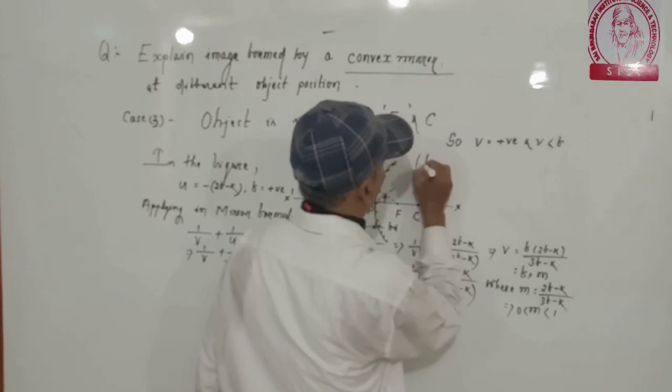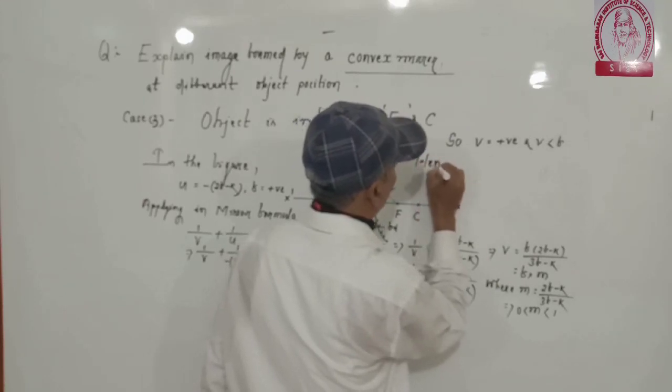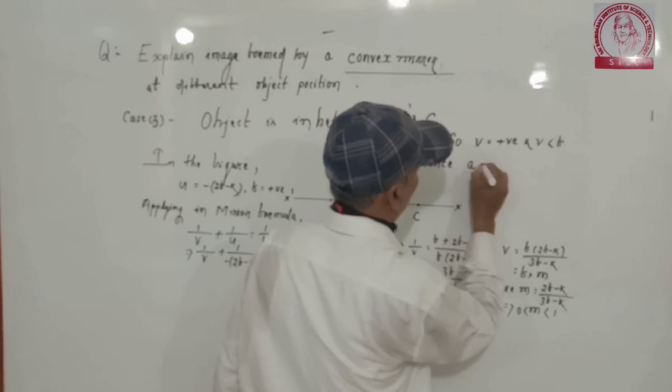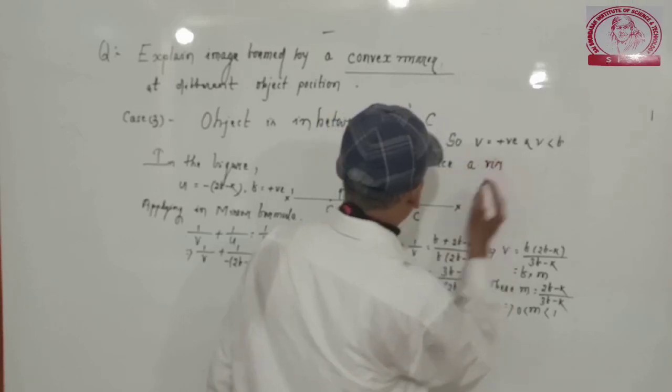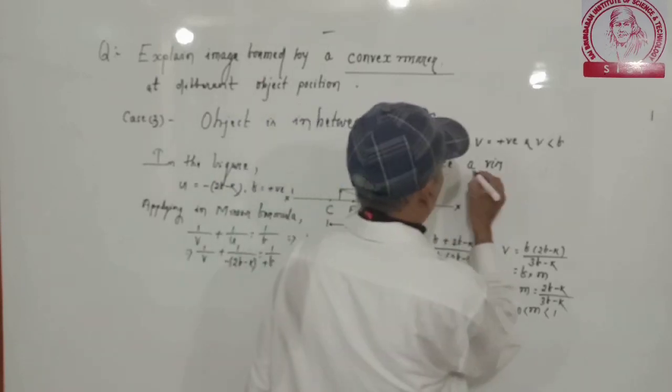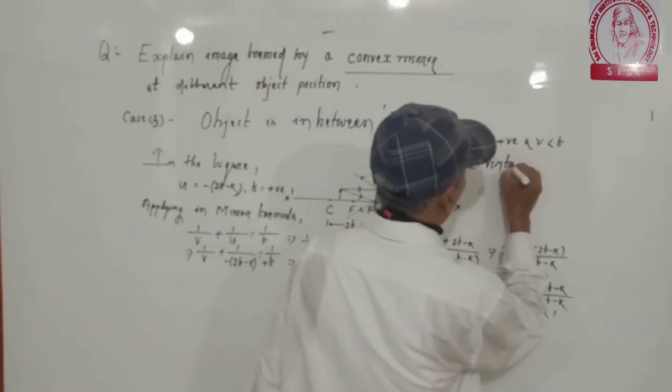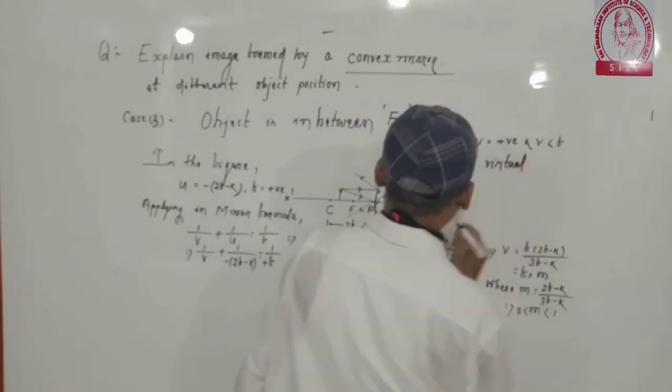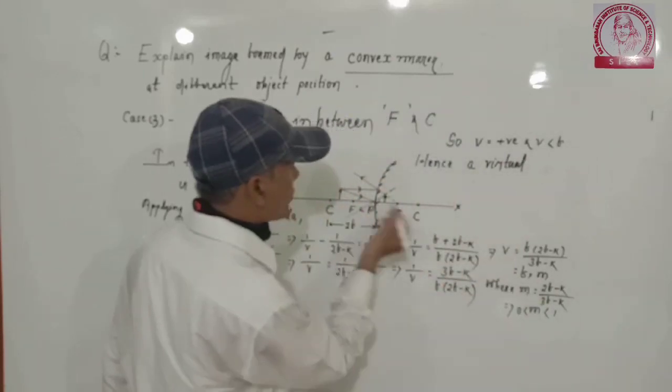Hence, this is a virtual image, and erect. Why is it erect?